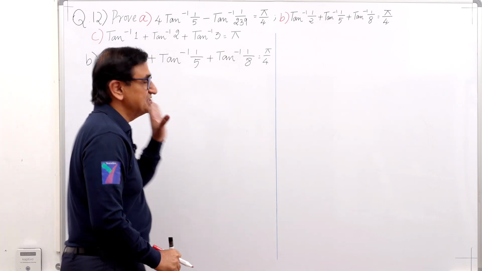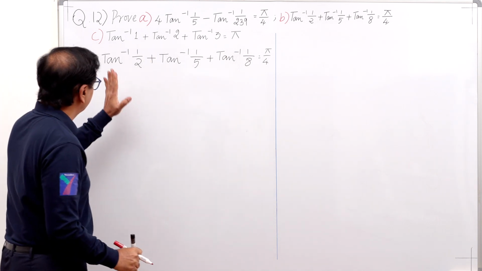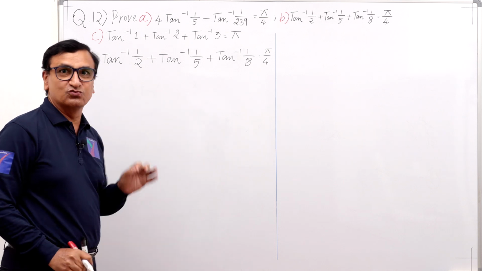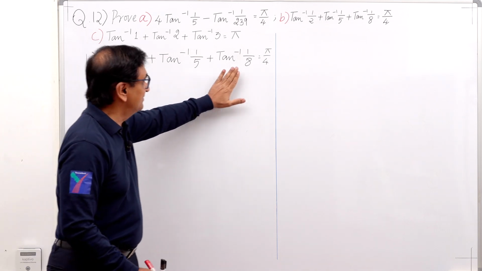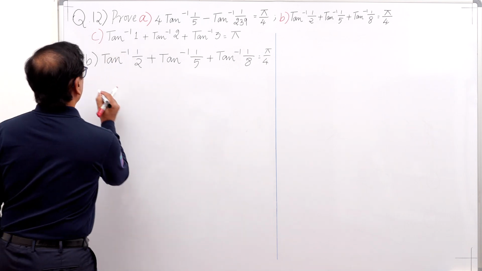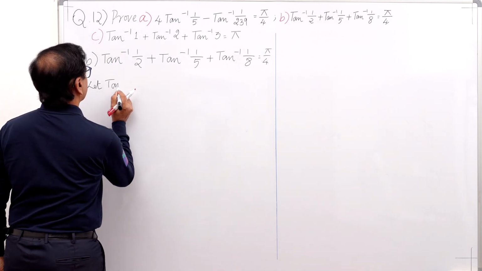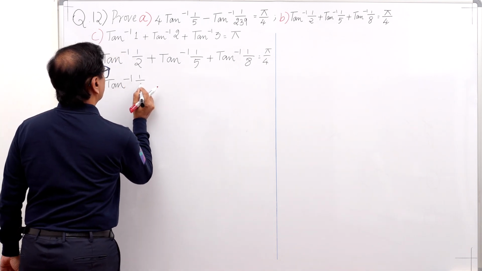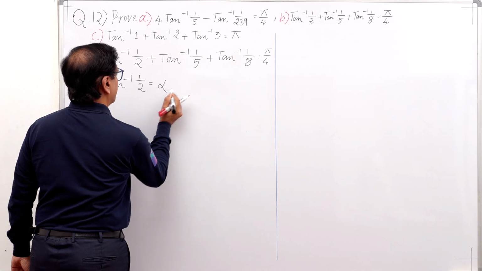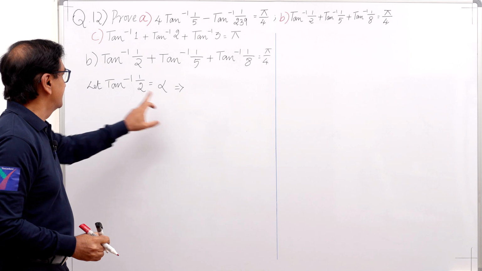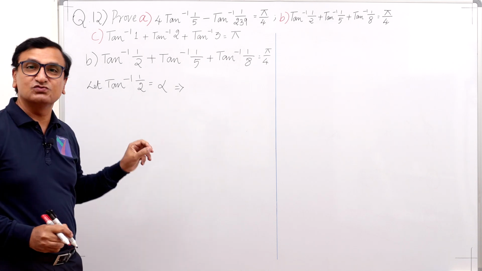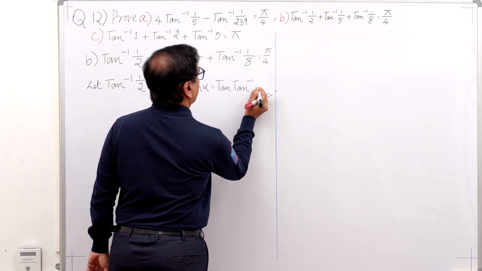Just like question A, we are going to take tan inverse of 1 by 2 as alpha, this as beta, and this as gamma. So let tan inverse of 1 by 2 equal alpha, which implies tan alpha equals tan of tan inverse of 1 by 2, which is 1 by 2.